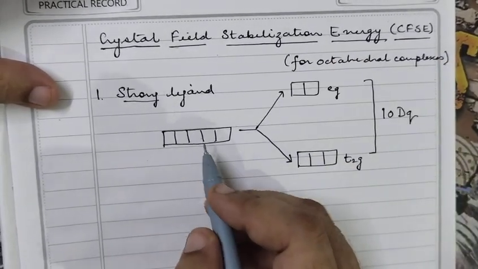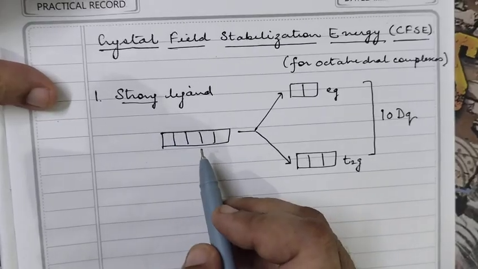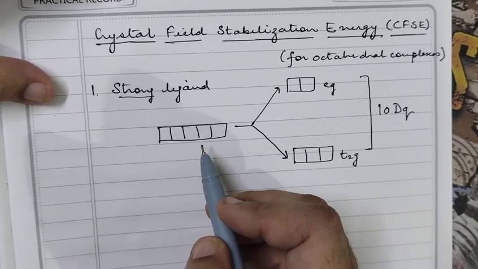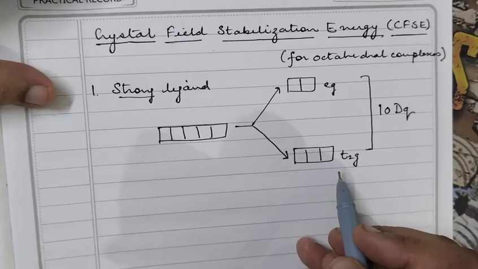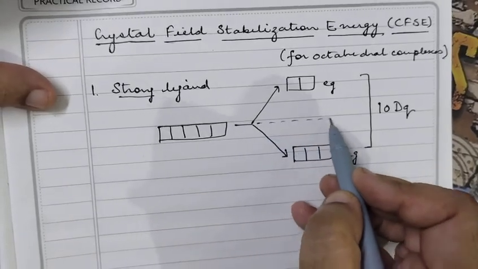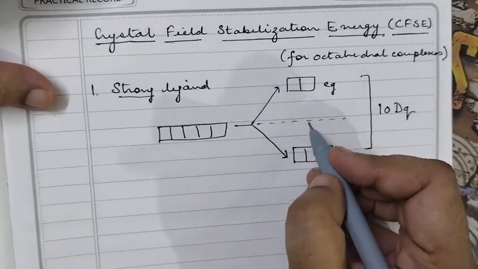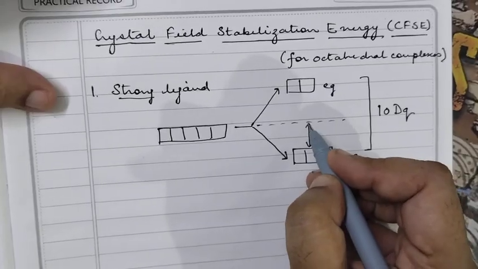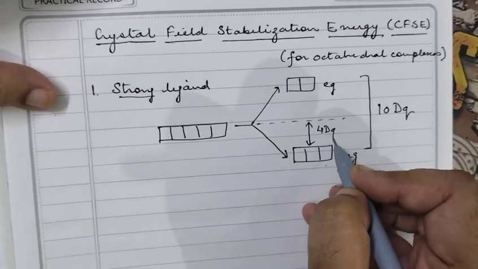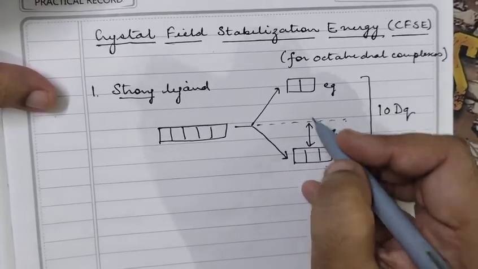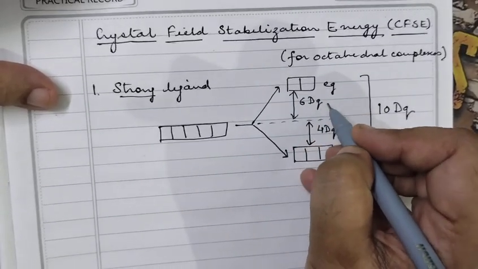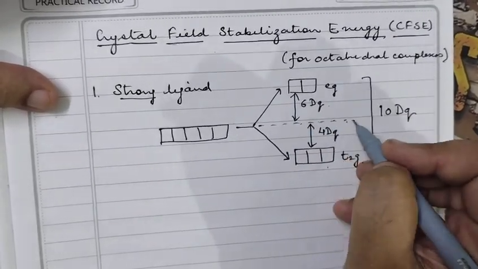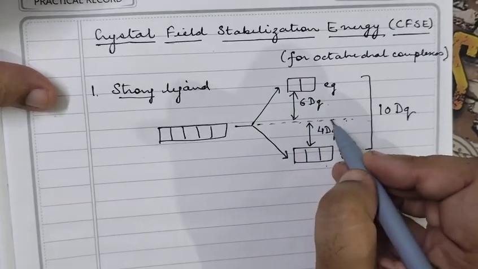So in the case of strong ligands, if you have to fill the electrons in the d orbitals, then how are the electrons filled? This T2G is 4 dq less than this original energy level, and EG is 6 dq higher than this energy level, which is the original level of the degenerate orbitals.